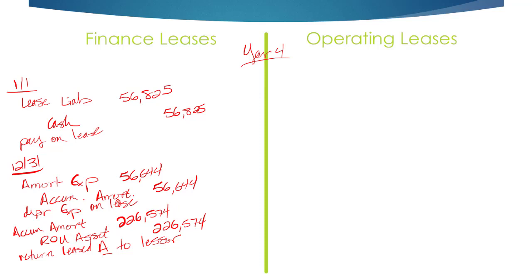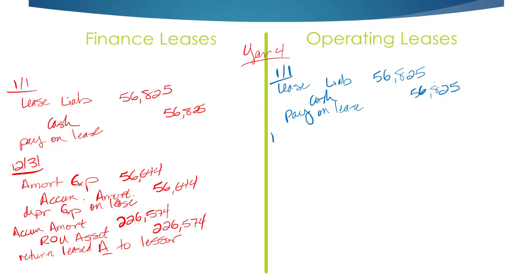Operating lease is slightly different. Again, we have a debit to lease liability and a credit to cash for our final payment on our lease, $56,825.